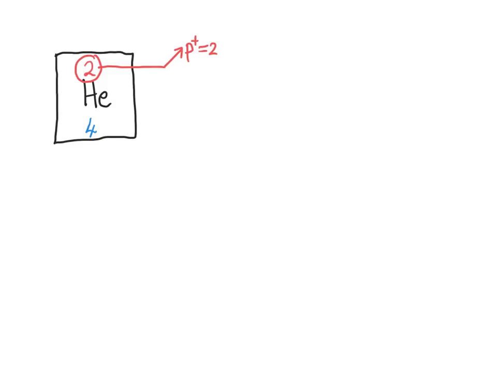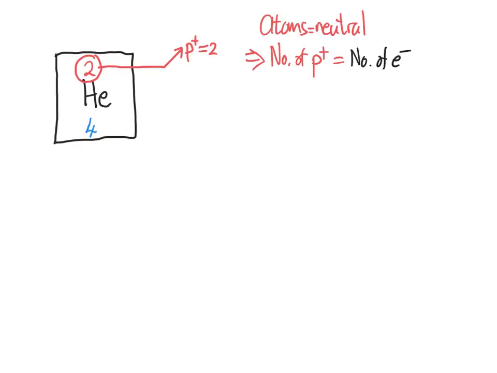So the proton number is 2, and it represents the number of protons in the nucleus. But atoms are neutral, and that is a very, very important concept. They are electrically neutral. So in order for that to be, the number of protons must equal the number of electrons in an atom.